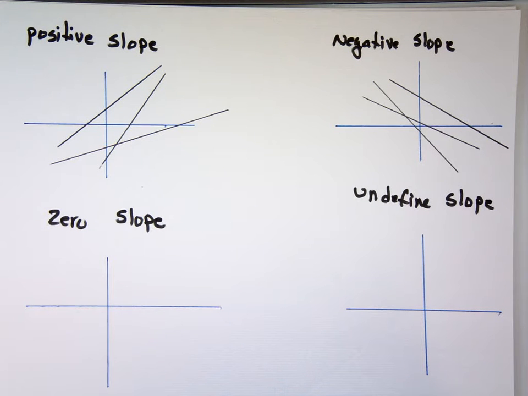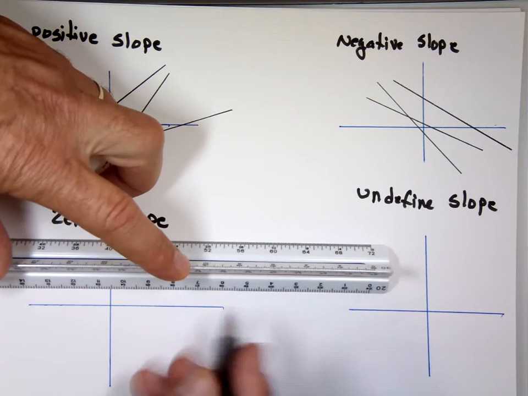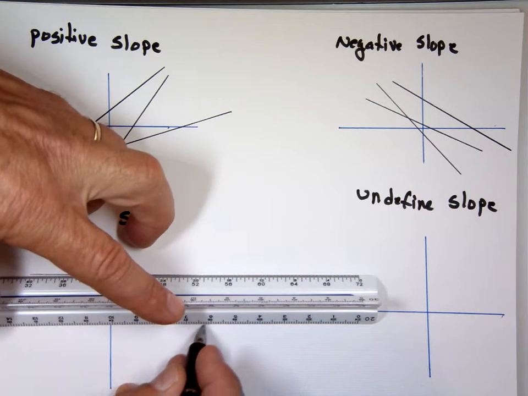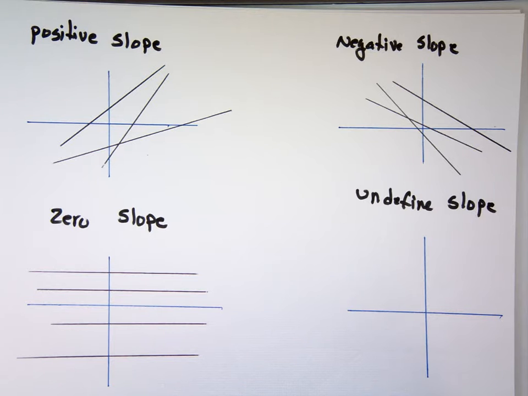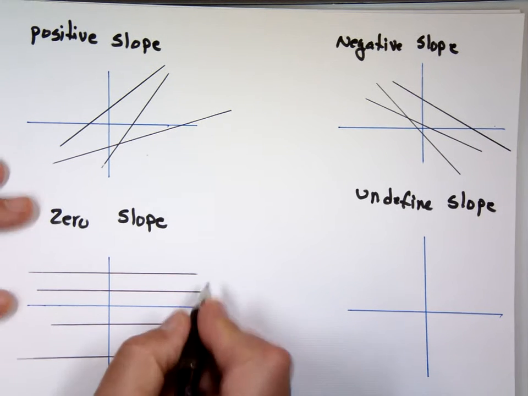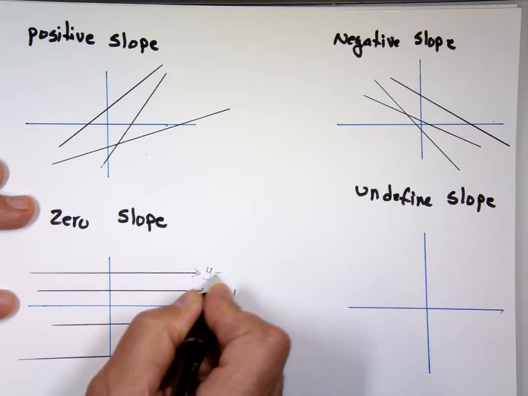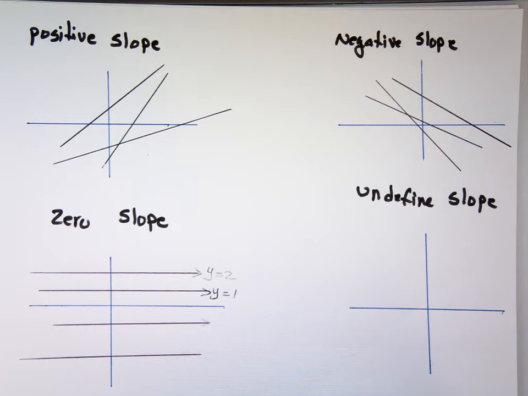Zero slope, what does that mean? Horizontal, flat. So these have zero slope. If you see, for example, y equals 1, y equals 2, that's your equation.